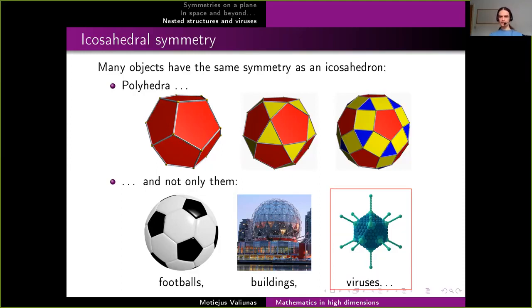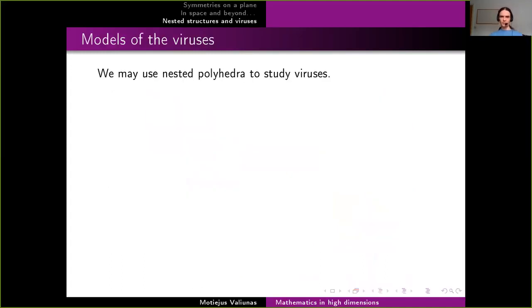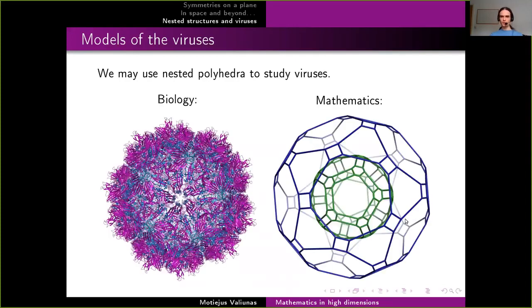Okay, so how can we study these things? We do what I said before. We use nested polyhedra. The example you saw before looks like the picture on the right, and on the left, we have a biological object, which is a virus, and it is a bit more complicated.